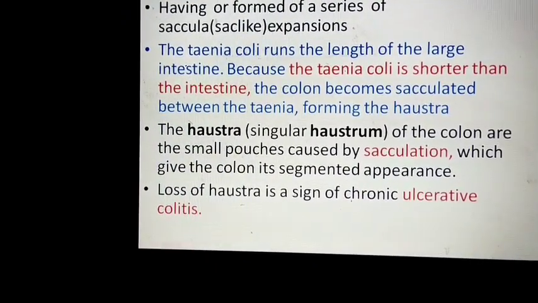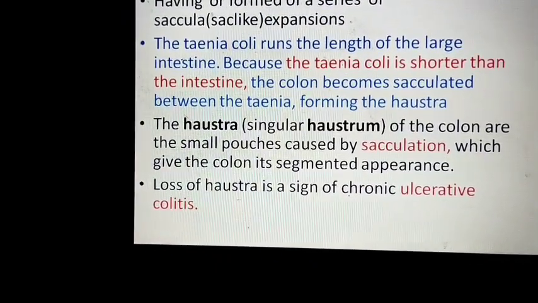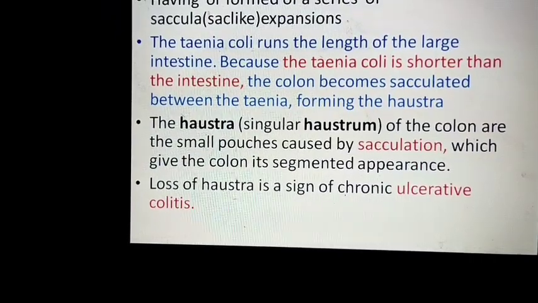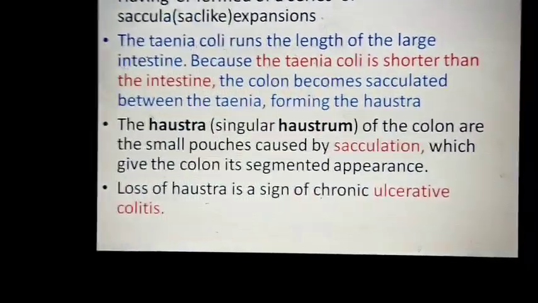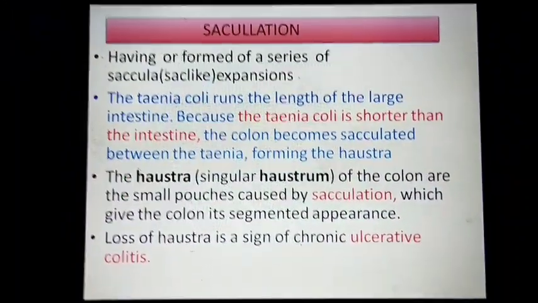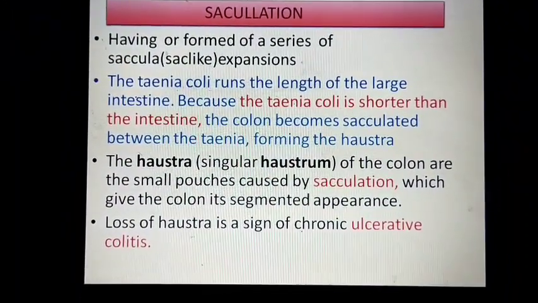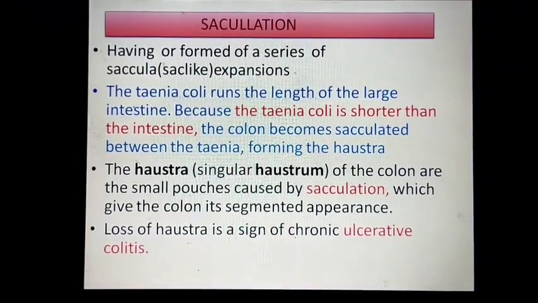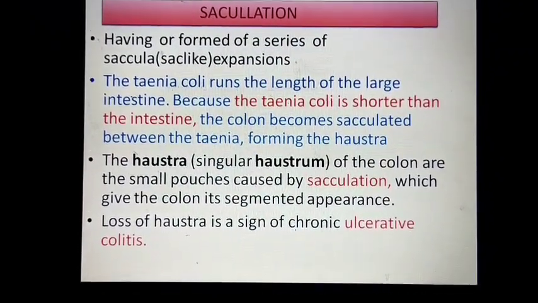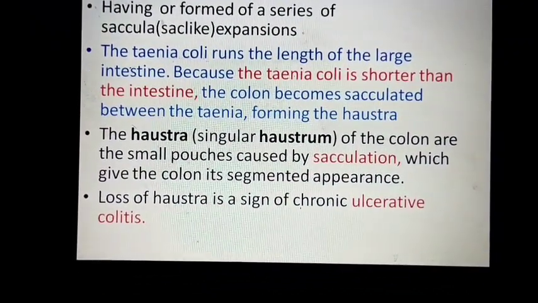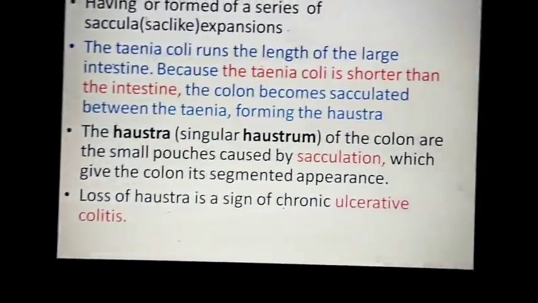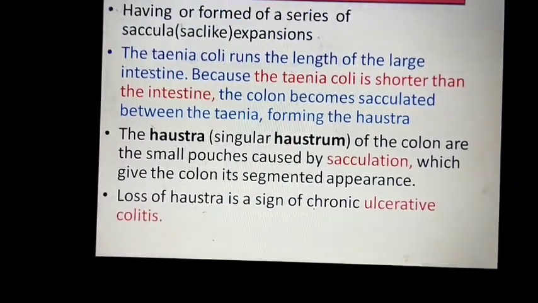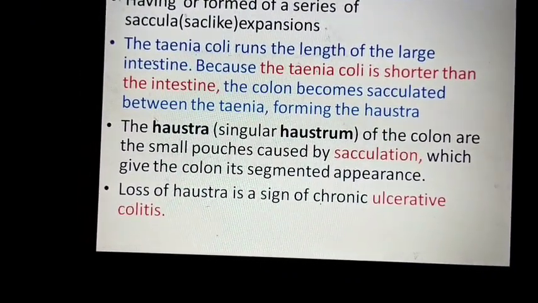Ulcerative colitis is a type of inflammation where all three layers of the intestine are involved, meaning the serosal layer, muscular layer and mucosal layer. Because of that, there is inflammation of the intestine, and there is a lack of haustra.